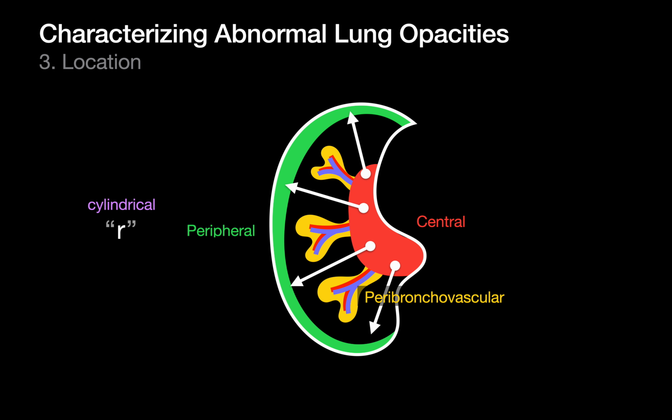Now, peribronchovascular doesn't literally mean the distance from the hilum between central and peripheral. It means the opacity follows the bronchovascular trees. But interestingly, lung opacities that aren't central and aren't peripheral are very often distributed along bronchovascular trees. So conceptually, we tend to describe opacities as central, peribronchovascular, and peripheral, the further away from the hila they are.